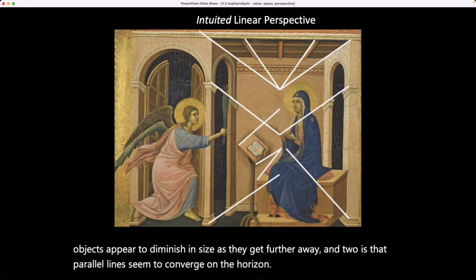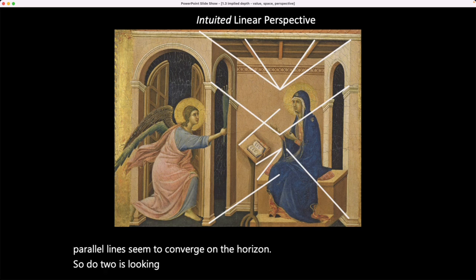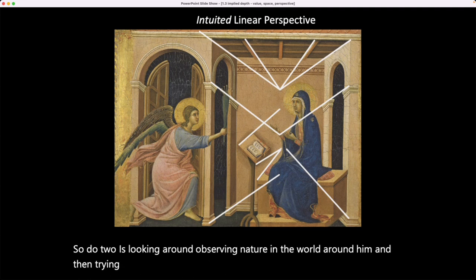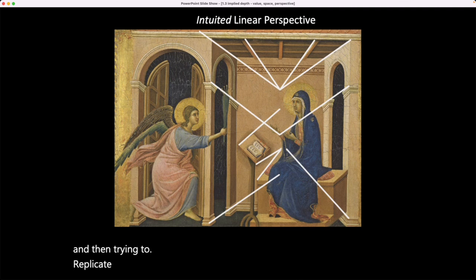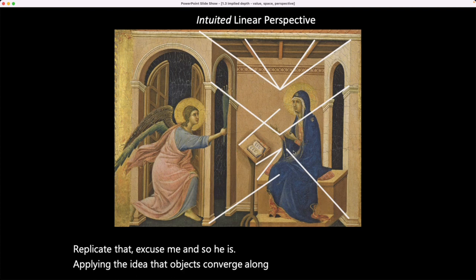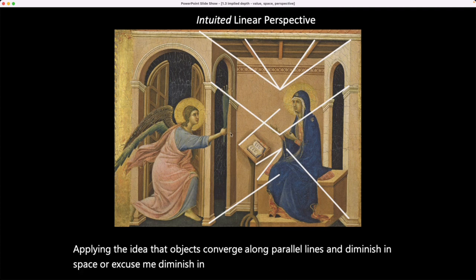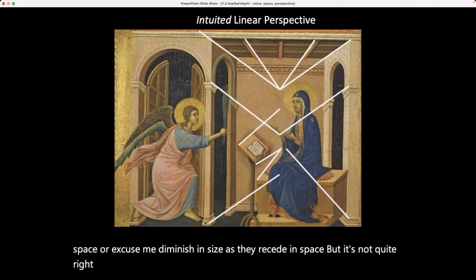So Duccio is looking around, observing nature and the world around him, and then trying to replicate that. And so he is applying the idea that objects converge along parallel lines and diminish in size as they recede in space, but it's not quite right. Something's a little bit off.